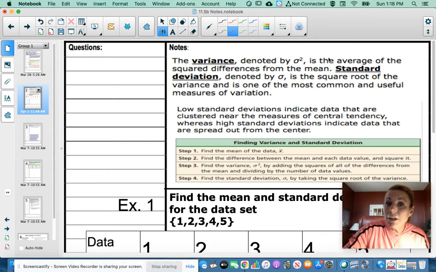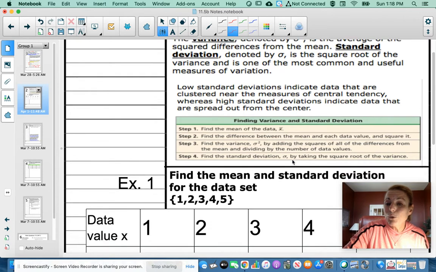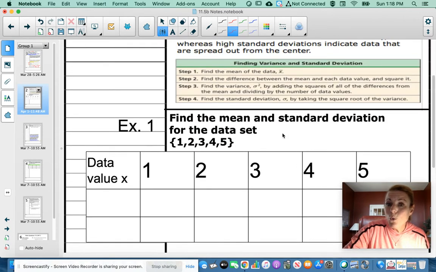Well, because variance is the squared differences from the mean, and then we're looking at the average. So once we do that, we're going to add all the squares of all the differences from the mean together and divide by the number of data values.